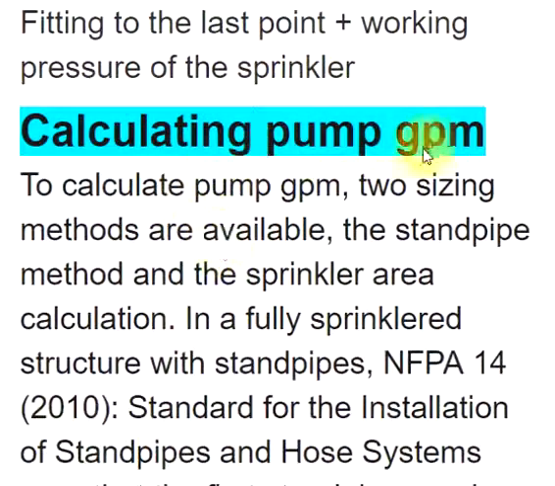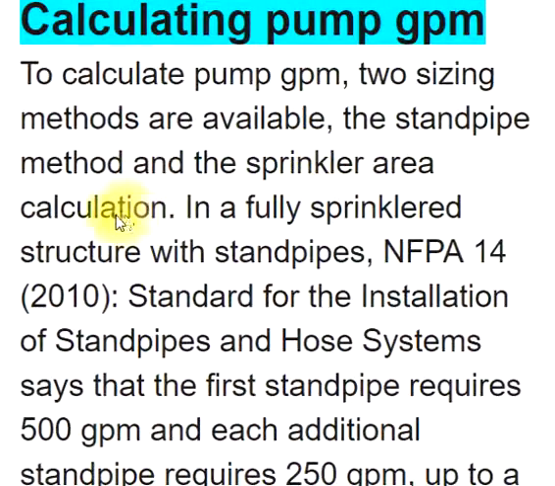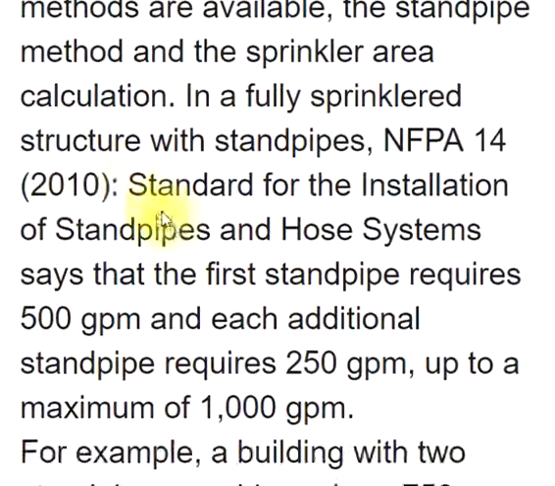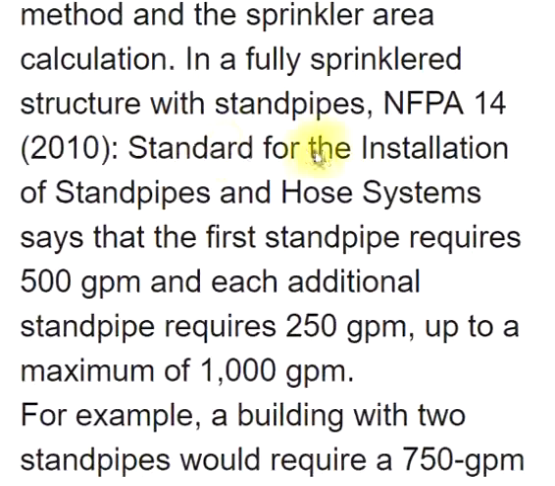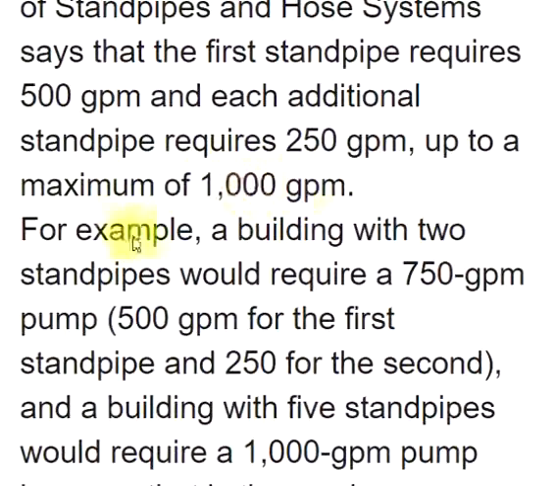Calculating pump GPM. To calculate pump GPM, two sizing methods are available: the standpipe method and the sprinkler area calculation. In a fully sprinklered structure with standpipes, NFPA 14, 2010 Standard for the Installation of Standpipes and Hose Systems says that the first standpipe requires 500 GPM and each additional standpipe requires 250 GPM, up to a maximum of 1000 GPM.